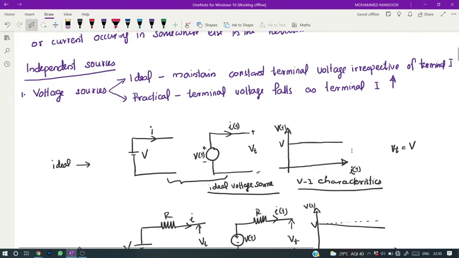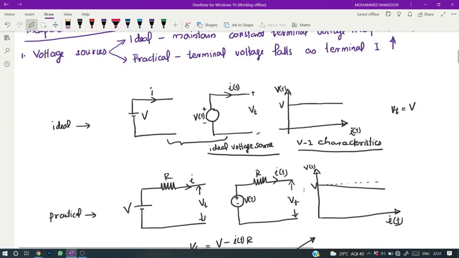However, in a conventional voltage source, as the terminal current increases, there is a slight reduction in terminal voltage Vt. So it is denoted by this. As I of t increases, there is a slight reduction in terminal voltage. So in a practical voltage source, the terminal voltage decreases as the current supplied by the source increases.